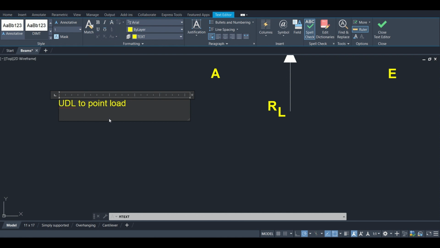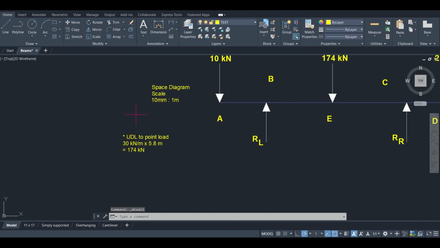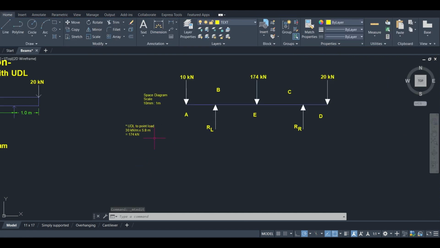So UDL to point load would be equal to 30 kilonewtons per meter times 5.8 meters, and that's equal to 174 kilonewtons.